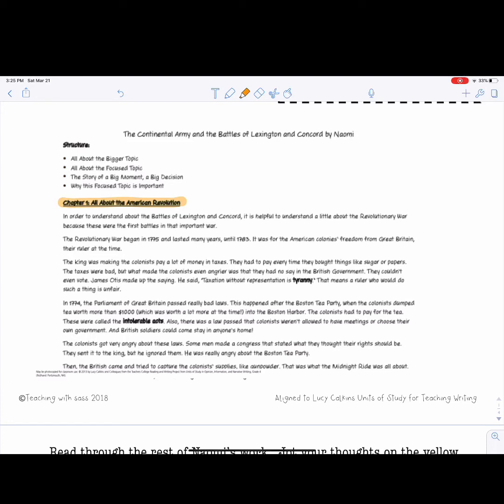This first chapter is all about the American Revolution. She learned and researched in her class all about the American Revolution. So her subject is going to look a little bit different than your subtopic, which is the Texas Revolution. So don't worry too much about the subject matter, really just about the organization.